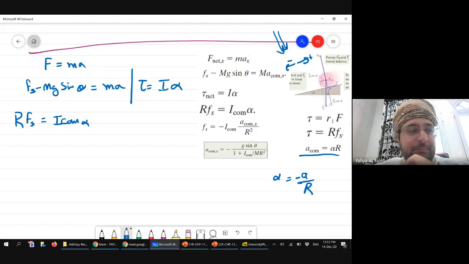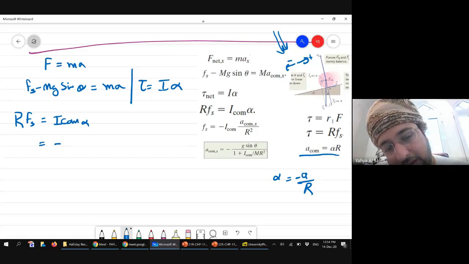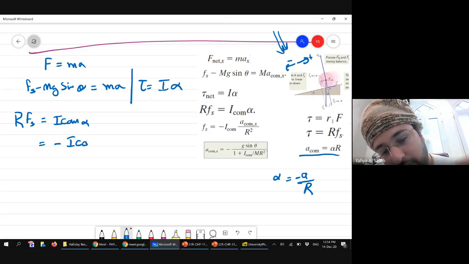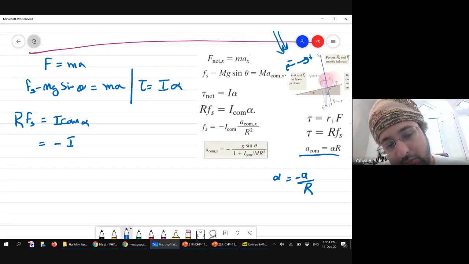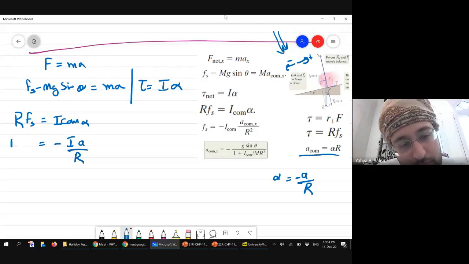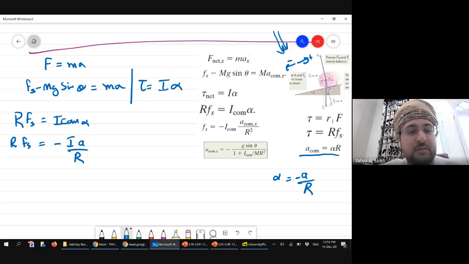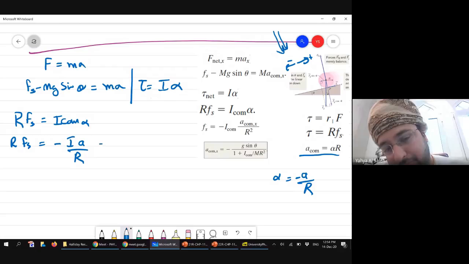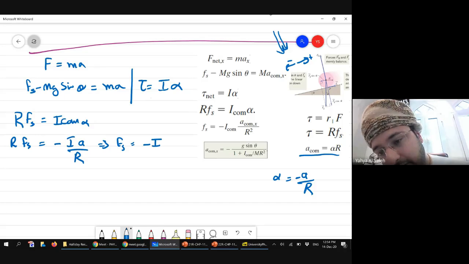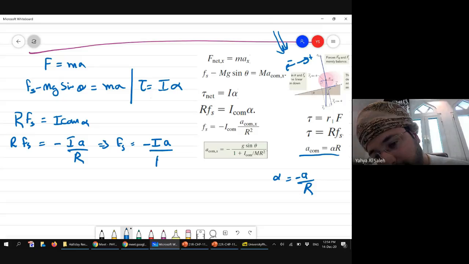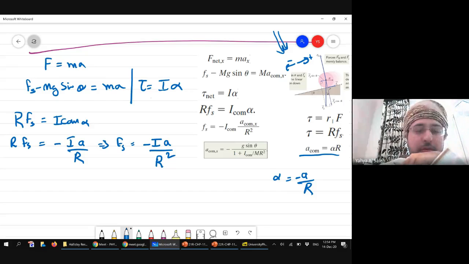So I end up with minus I A over R, R F S. Now, if I just put Fs alone, I get minus IA over R squared. We still didn't get the 1 plus.